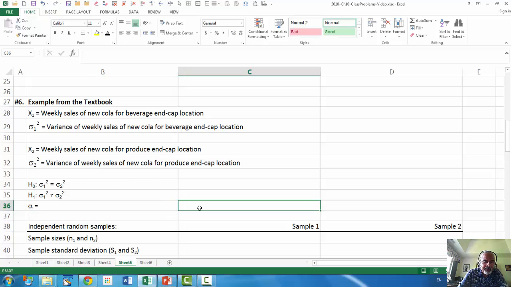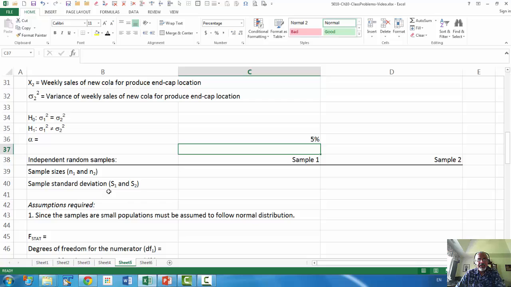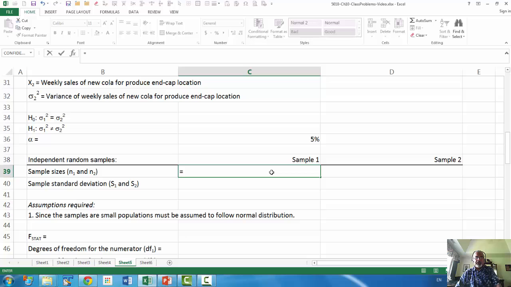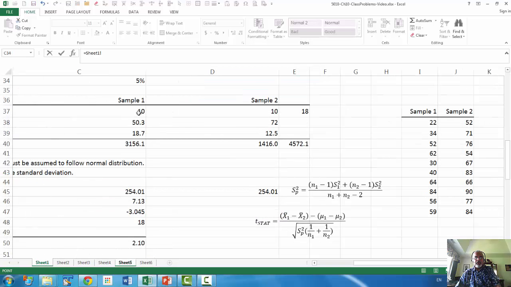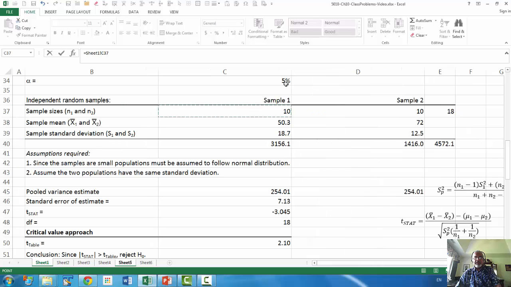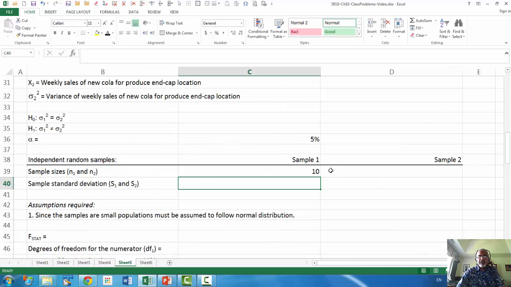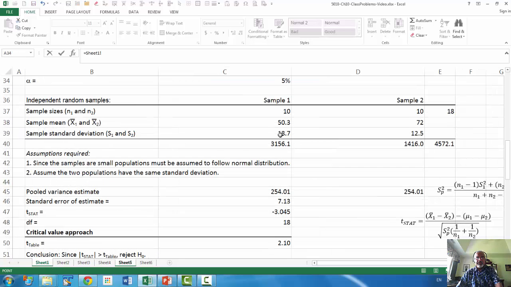Now alpha, we'll assume 5%, and the sample size and standard deviations, we can use the information that we've already calculated in sheet 1 and transfer them back here. So the first one, start with an equal to sign, go to sheet 1. So we have sample count, the sample size, and then sample standard deviation is here.